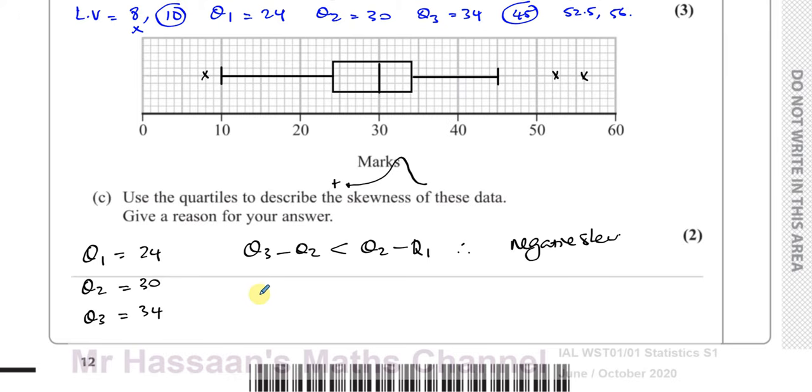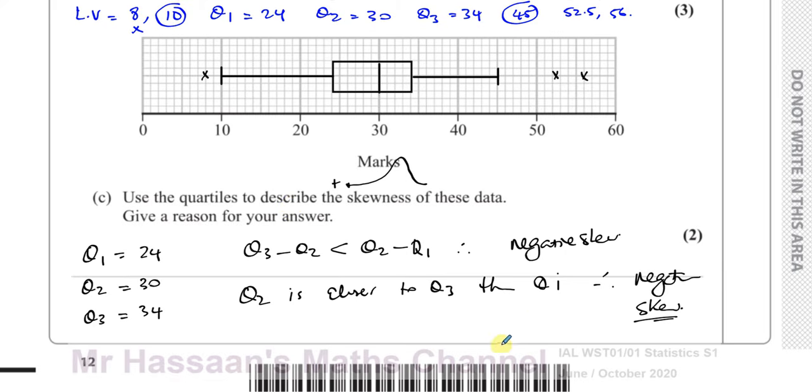We could also mention, for example, that Q2 is closer to Q3 than Q1, therefore negative skew. You're using the quartiles to describe the skewness of this data. So it's negative skew, and that's the reason. It's 2 marks: 1 for describing the type of skew, and 1 for giving a reason based on the quartiles. So that's part C of this question done.